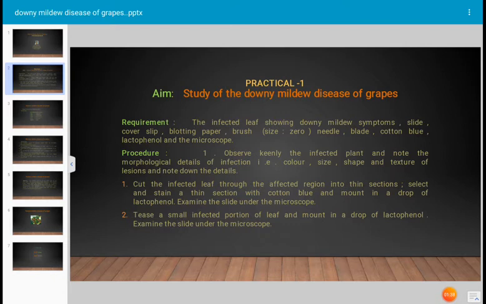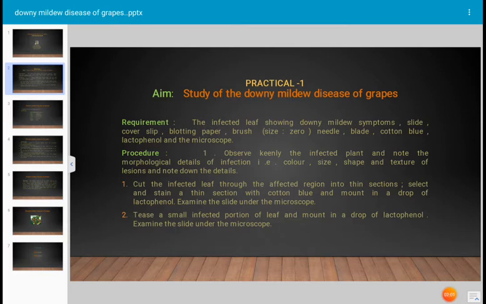If it is fresh, then you can take the section, mount it in a drop of cotton blue and observe under the microscope. You can see the intercellular mycelium, and sometimes haustoria are seen. Haustoria are food sucking organs produced by the fungus.